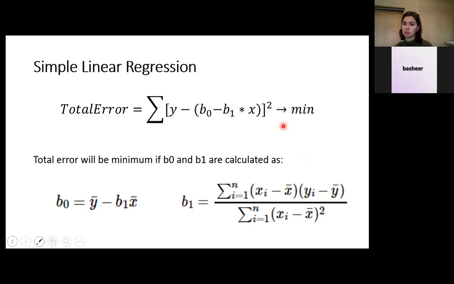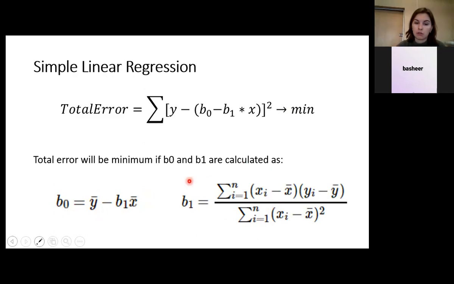But actually, in order to find the best solution for the linear regression problem, we calculate the derivative of the function and solve the equation with the derivative equal to 0. And from the solutions, we select not the maximum, but the minimum. And it will be this one: b0 is equal to the average value of y minus b1 times the average value of x. Mean value and average value are the same.